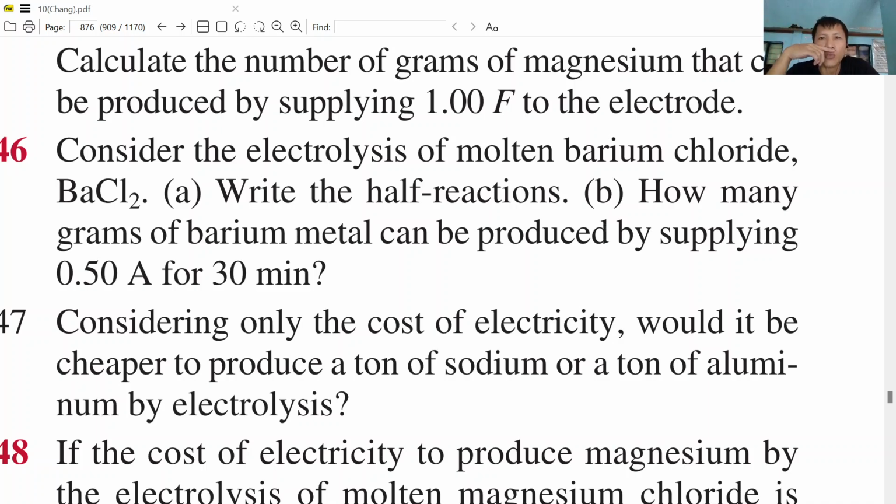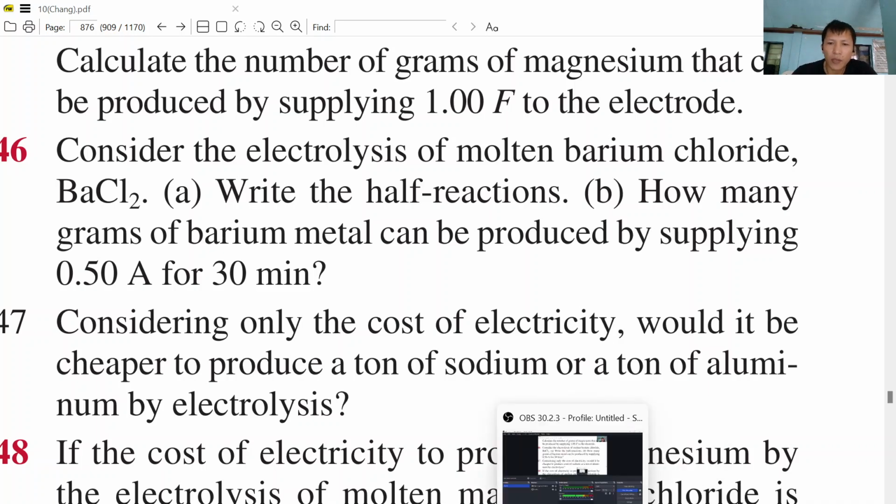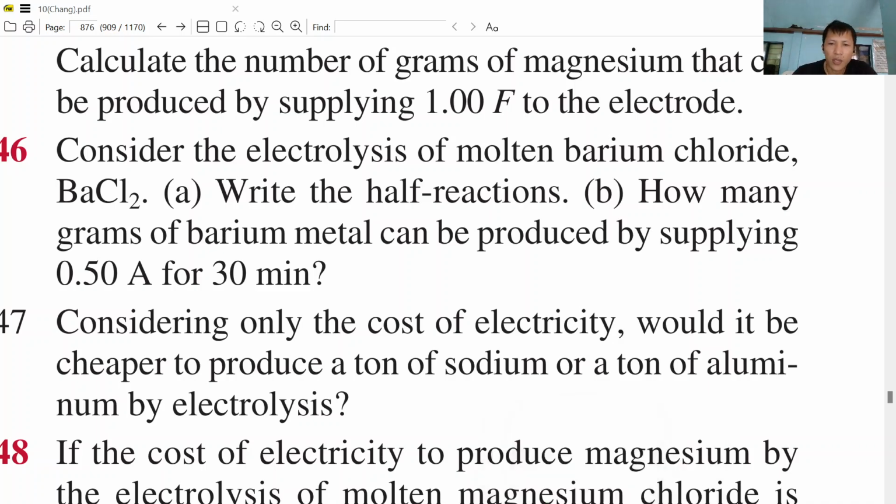It would be barium absorbing electrons to be barium metal, because for electrolysis you are depositing a metal in the form of a solid. Your barium is barium 2 plus. So our first problem is to write the half reaction.